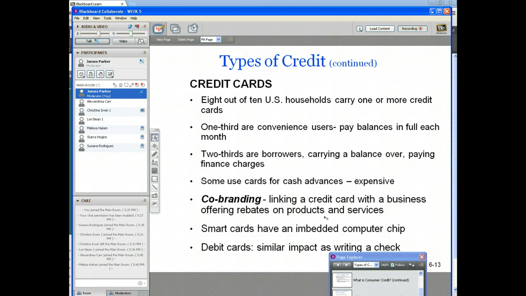It also had the advantage for me of a single statement, because debit cards come right from your checking, so you had a single source at the end of the month to review in terms of budgeting. But you're all going to have your preferences, just keep in mind that there are differences between them.